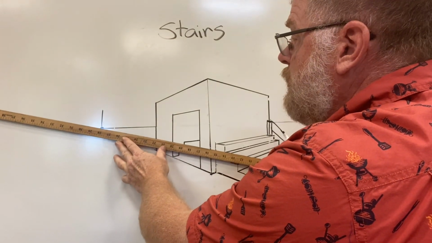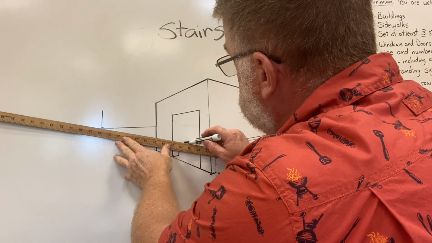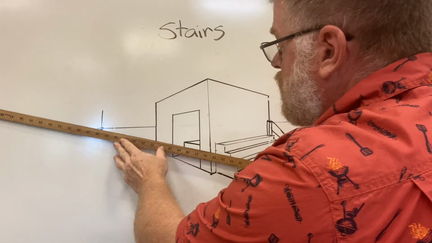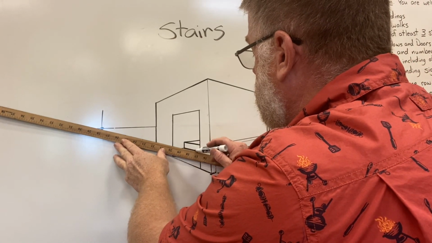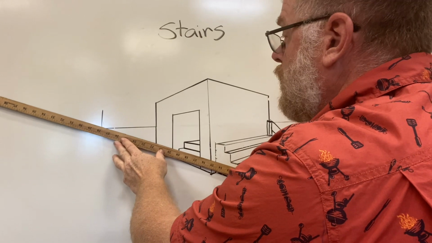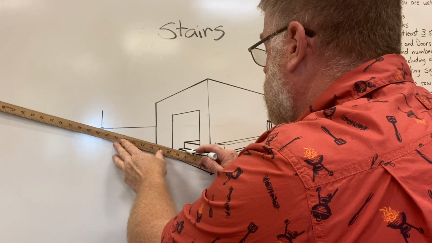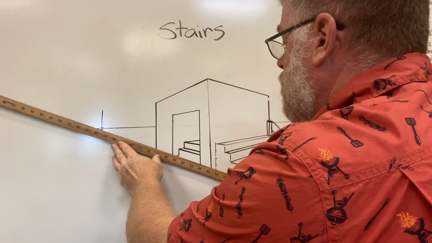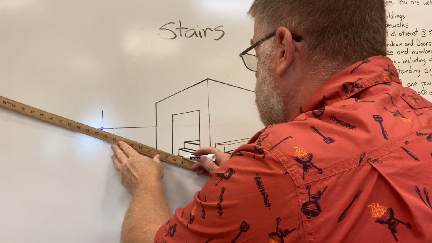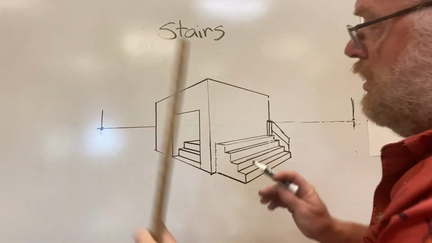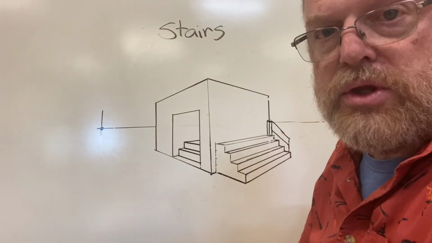I'll start at the top, and I'm going to go from the corner of the step to the edge of the doorway, because they go behind the doorway. And there's our last corner. And there you go. You see how that looks like somebody who's right into the doorway.